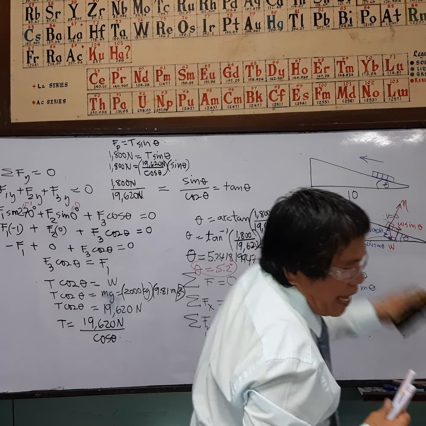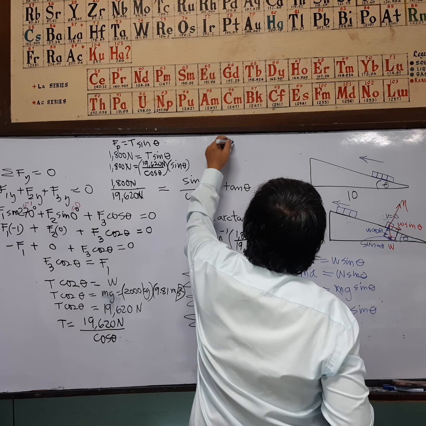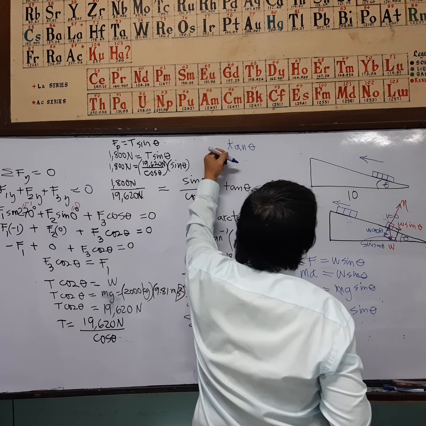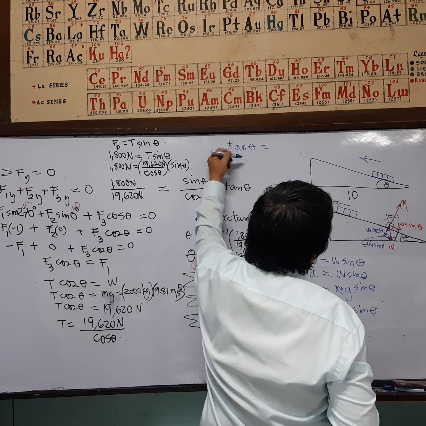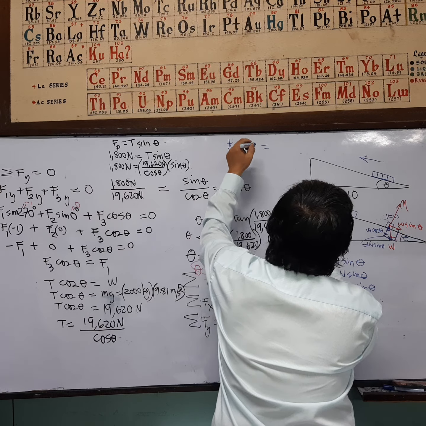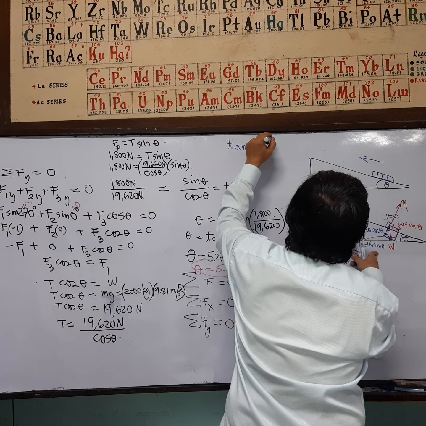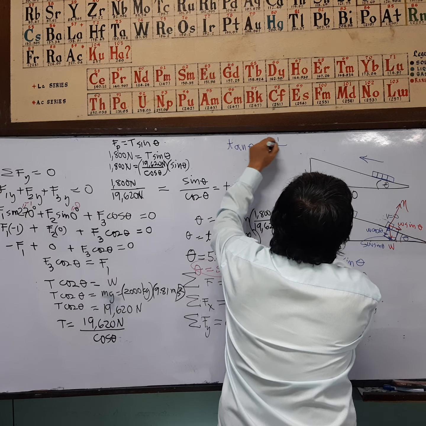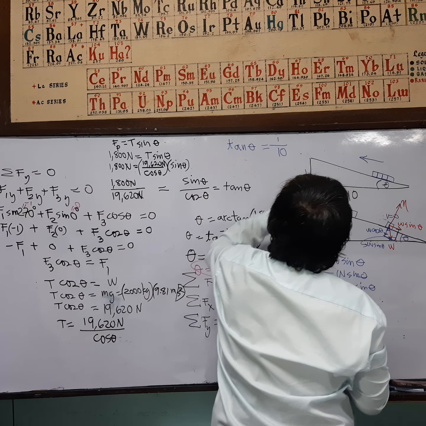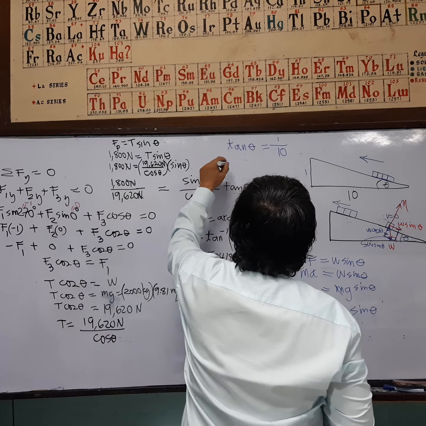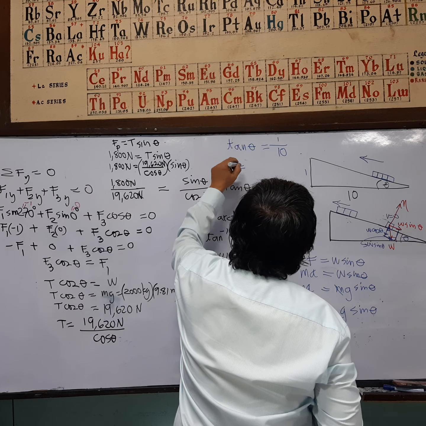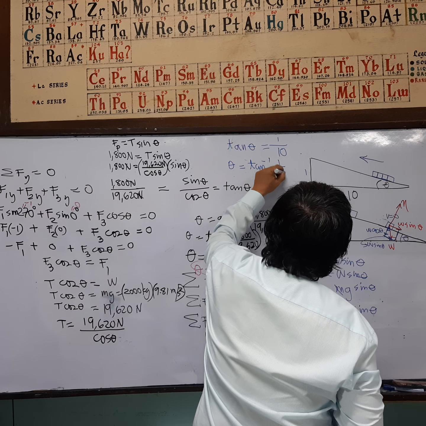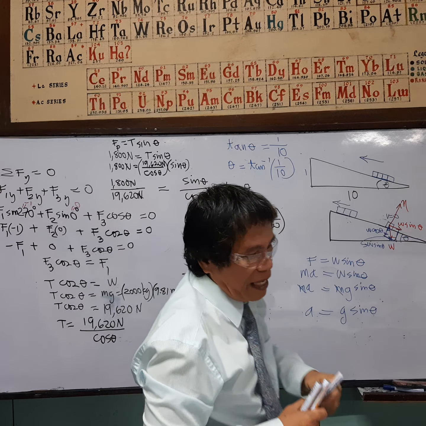To get theta, tangent theta equals the opposite side over the adjacent side, di ba? Our opposite side is 1 over the adjacent side 10. So theta therefore equals tan inverse of 1 over 10. So what is that? Calculator.